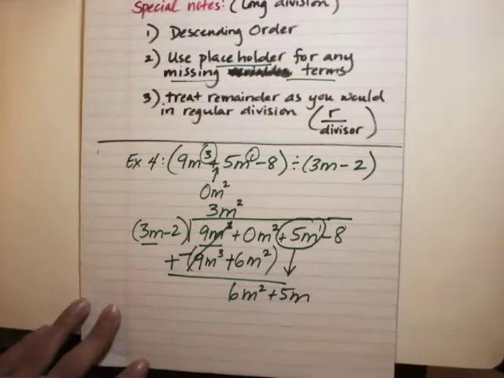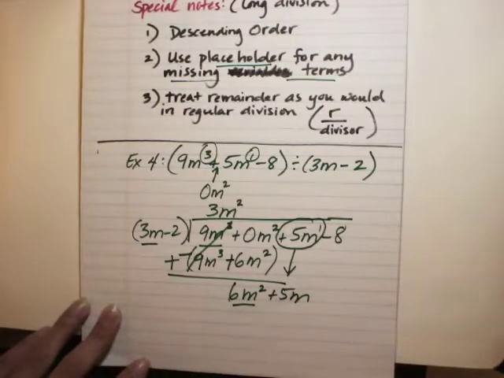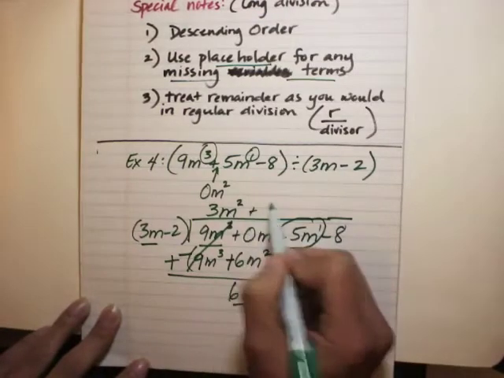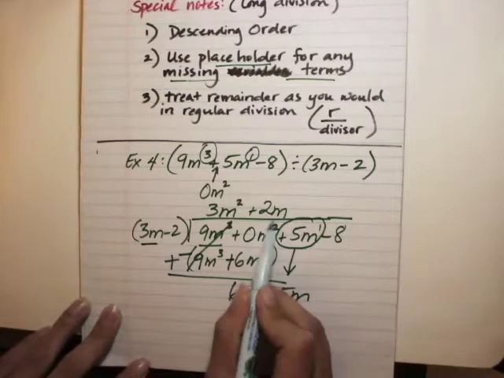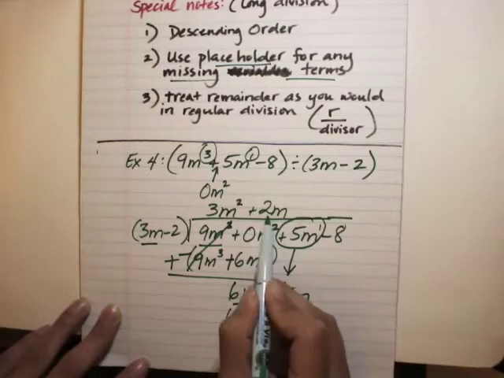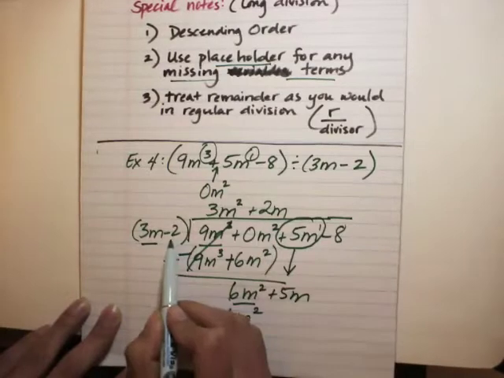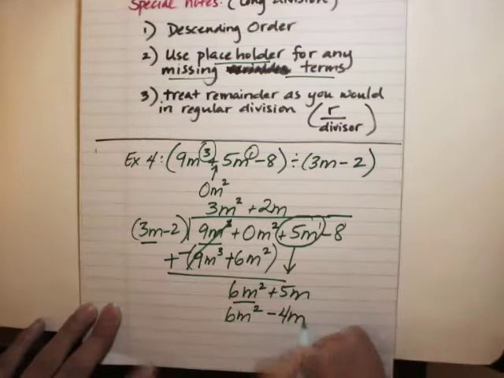And we're going to take a look again at the first terms. Okay, so we need to have a positive 2m up here. Positive 2m times 3m will match up our 6m squared. And positive 2m times negative 2 will give us minus 4m.